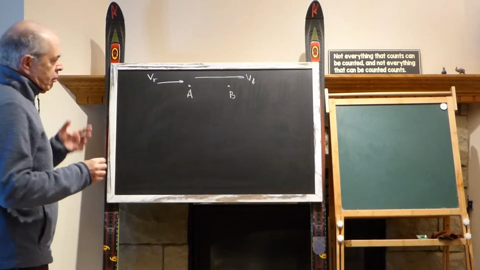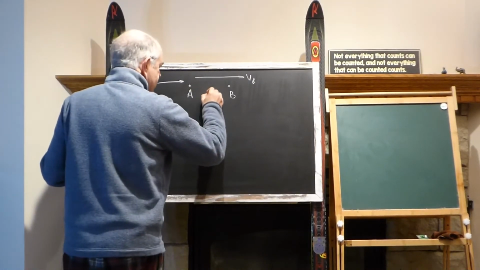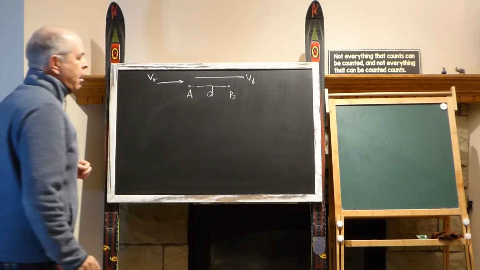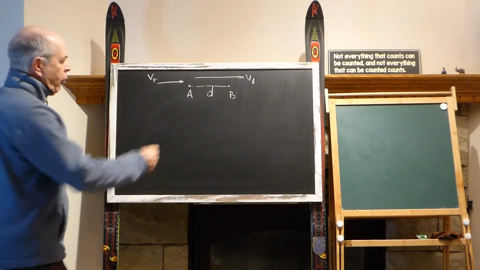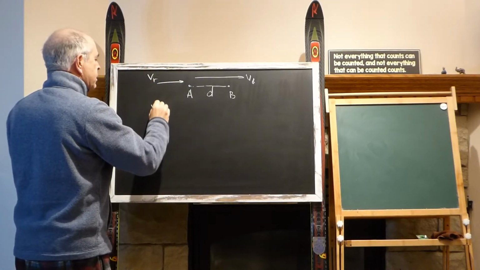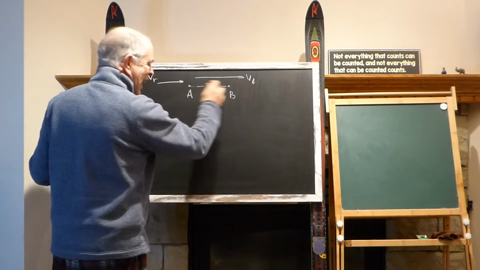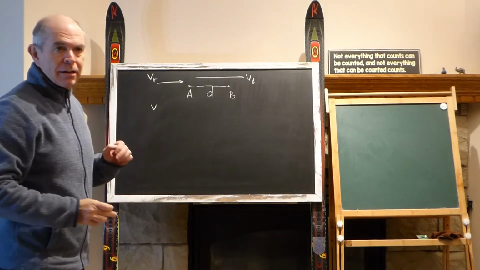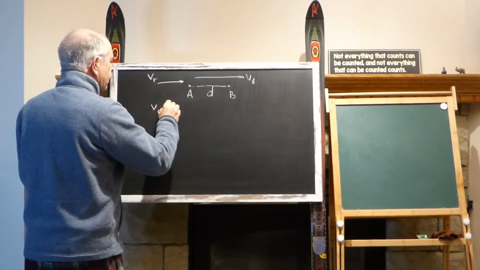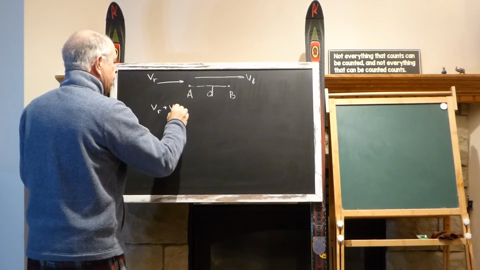So this distance, of course, let's put it as D. And what can we say? When the boat goes from here to here, the velocity of the boat against the shore, against the earth, is V_R plus V_B.